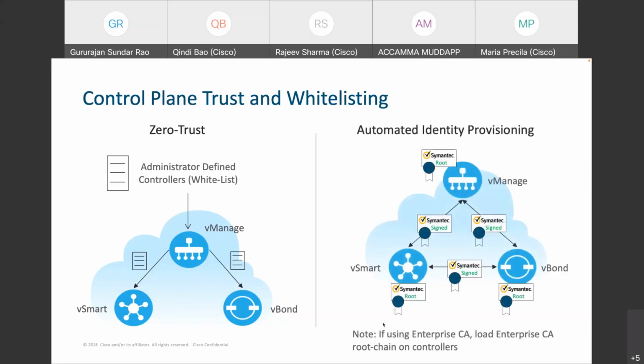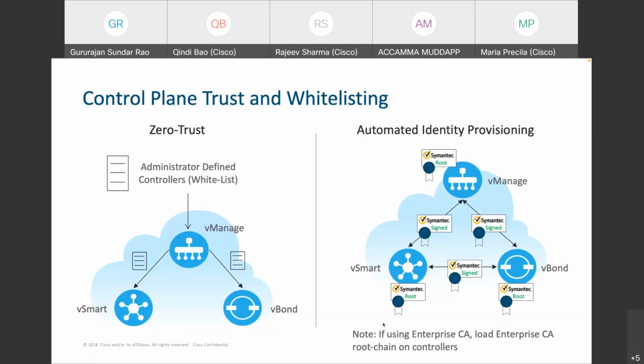That will take care of whitelisting the routers. Now, coming to the controllers, the first component that we bring up while spinning up the SD-WAN overlay is the vManage. Once the vManage is up, we mention the vBond IP address details. We bring up the vBond, we specify the vBond details.